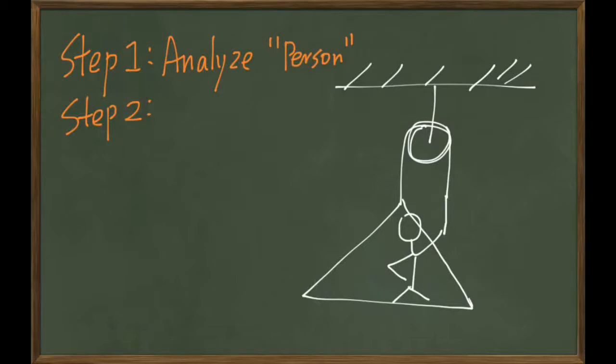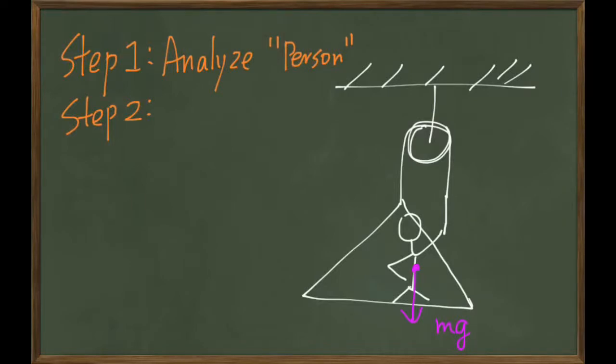First, start with the action at a distance forces, and that's gravitational force. Since the person has a mass of small m, he or she experiences a force mg pointing downward. So right here, a force small mg.